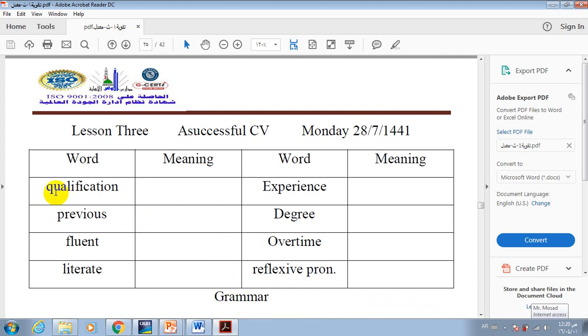At first, let's read the words. You must repeat the words after me. Okay, let's start.